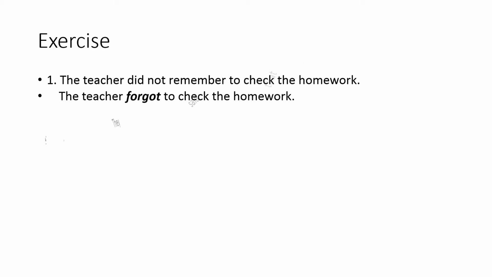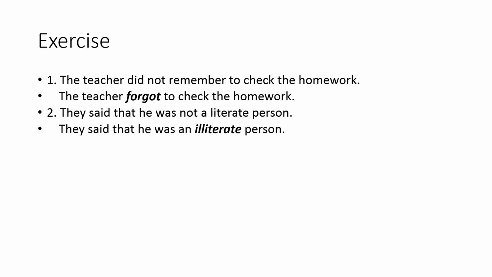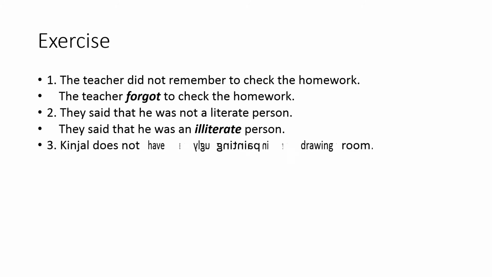Next sentence, they said that he was not a literate person. Here literate changes to illiterate in its opposite form. This is what we are supposed to do. They said that he was an illiterate person. Next sentence, Kinjal does not have an ugly painting in her drawing room.